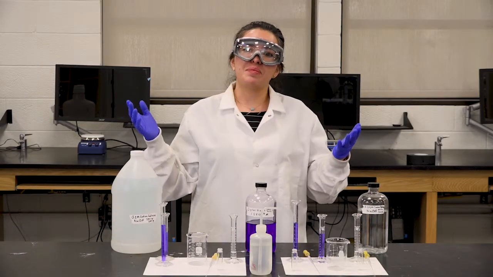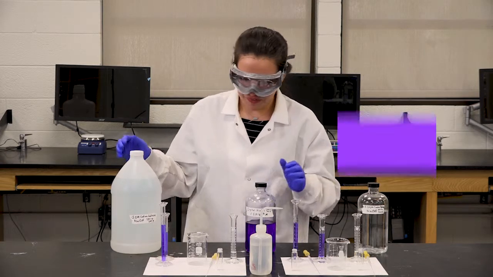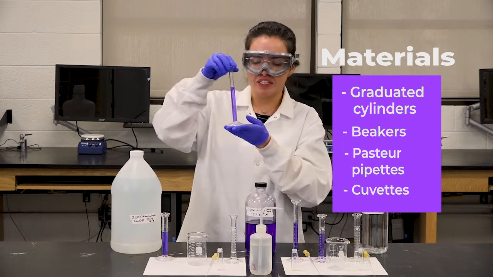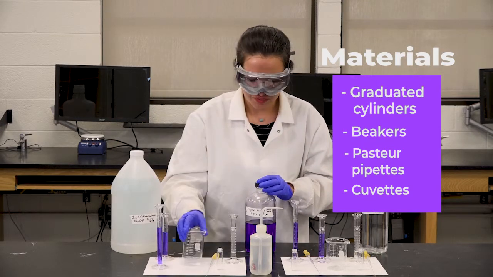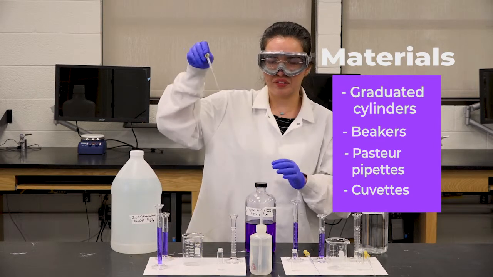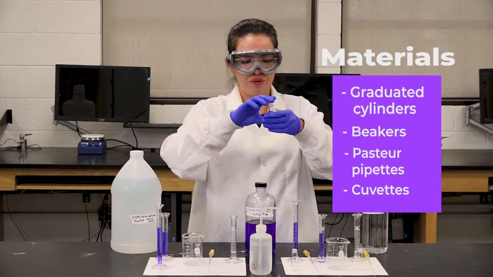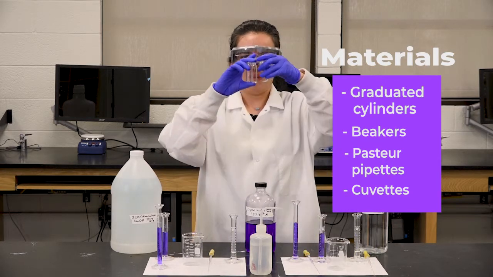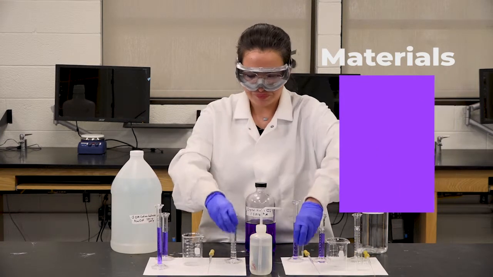Okay, so now that we heard about the theory for the experiment, now we can get started with the actual fun part. For today's experiment, we're gonna need various things. We're gonna need graduated cylinders, we're gonna need beakers, we're gonna need pipettes, pasteur pipettes, and we're gonna need vials, all of them with the same size, where we're gonna put our solutions that are gonna go inside the spectrophotometer.